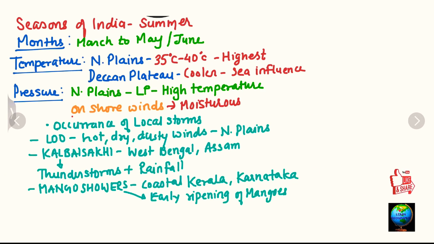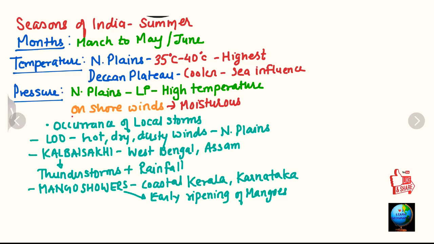Next season is summer. Summer lasts from March to May, and in some regions it lasts till June. The northern plains record the highest temperature, with an average of 35 to 40 degrees Celsius, because of which the region has low pressure.